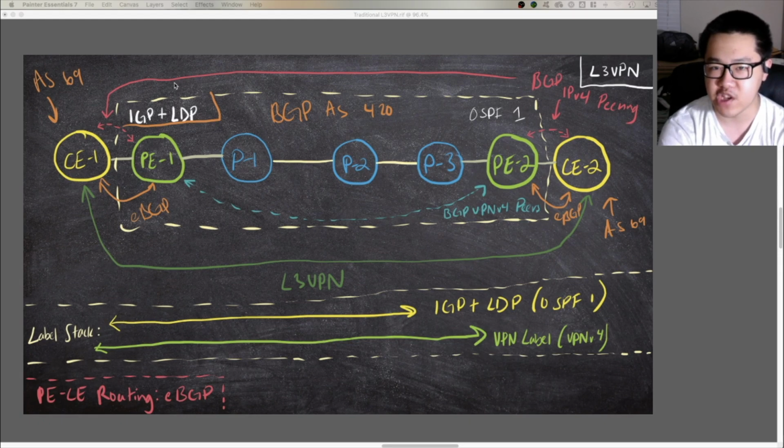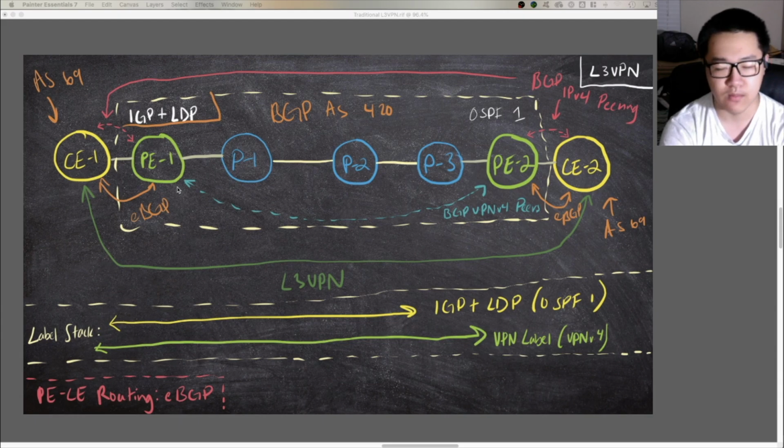We're also running BGP VPNv4 here between our provider edges so that we can transport our VPN labeled routes and things like that. It is important to note that if we had multiple provider edges here, we would have a route reflector somewhere here, because these are IBGP peers, intended to be IBGP peers anyway, which means that we have our full mesh requirement and things like split horizon, which means that we can't advertise an IBGP route by default from one IBGP peer to another.